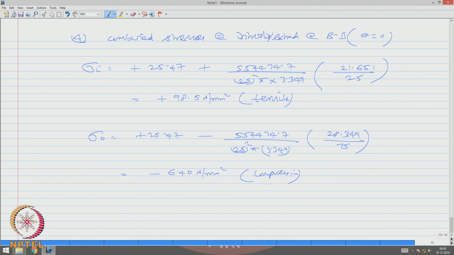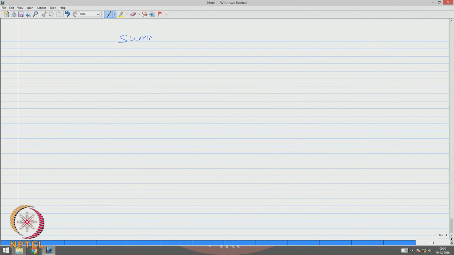So, friends, we have interestingly derived the equations for bending stress in the chain links at any section.